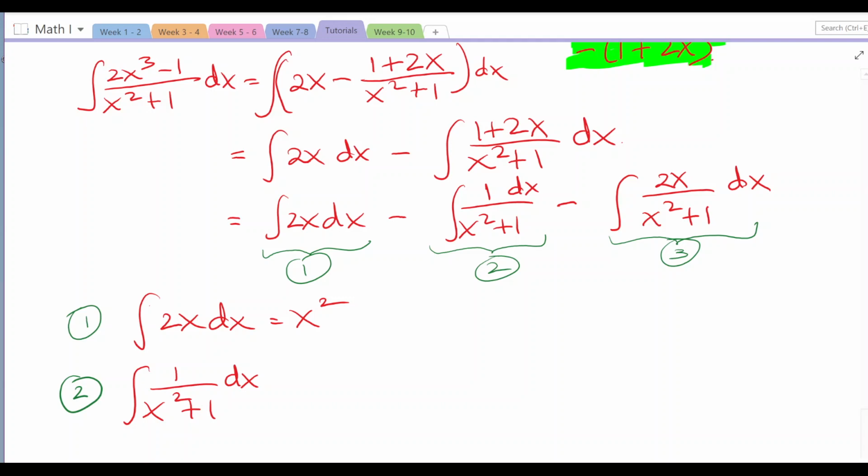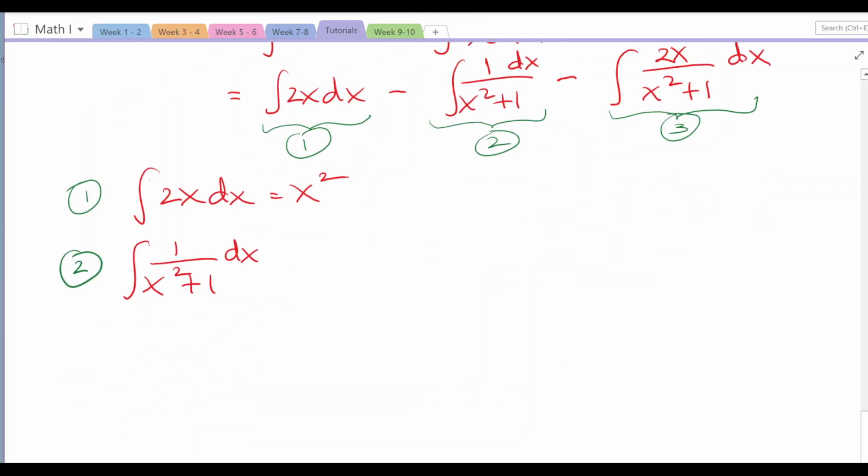This is actually a tricky one also, but if we remember, the answer will be inverse tan x plus c, but let me just explain how to get that. So we have x squared plus 1 in here, so we're going to substitute or change the variable x here with something else, in this case tan.